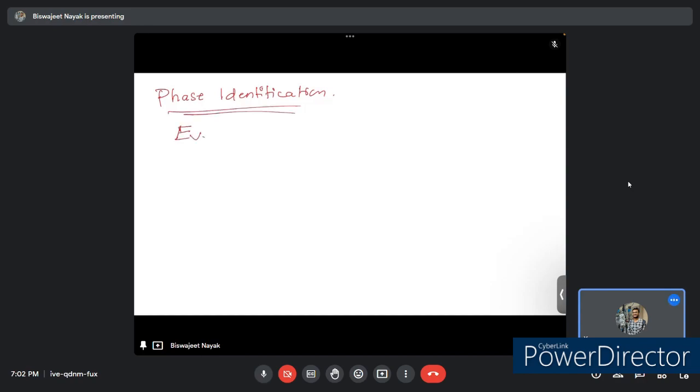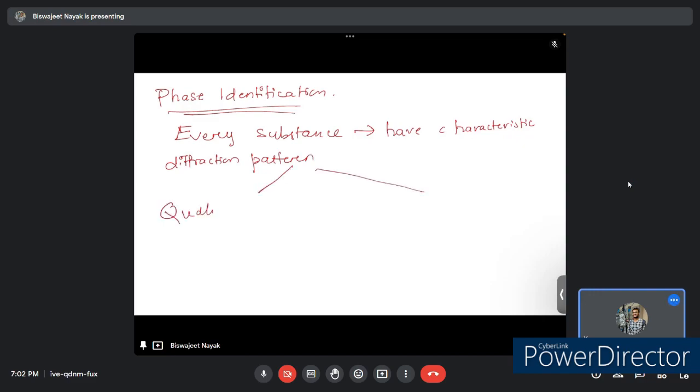So every substance has a characteristic diffraction pattern, and with the help of that we can do qualitative as well as quantitative analysis.